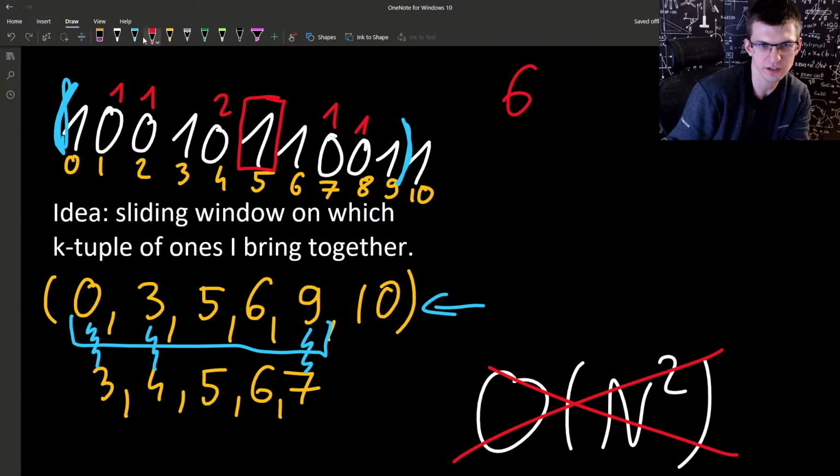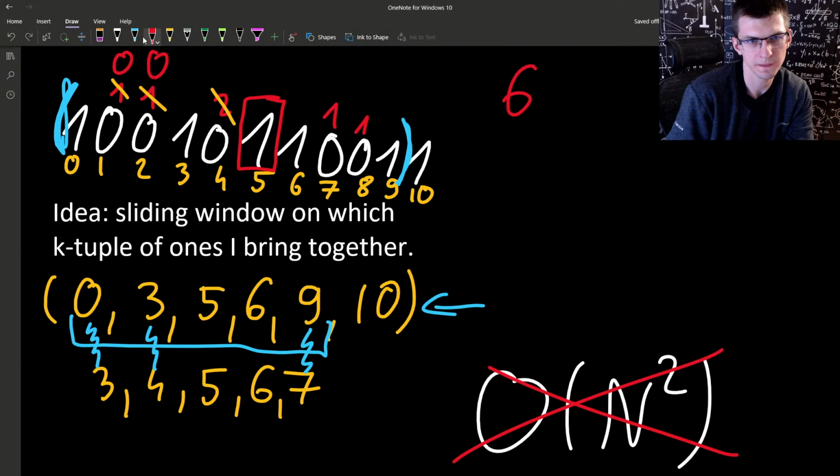How does it change if I move to the second interval, possible interval from here to there? Well, I believe that each of these values gets decreased by 1. In particular, it can become 0, because we got rid of this one.